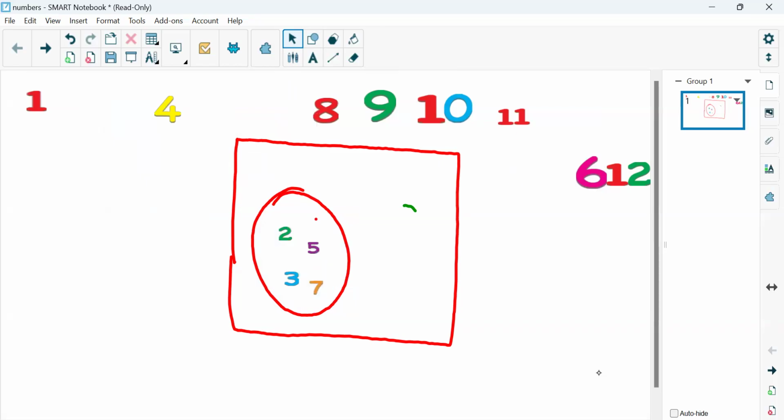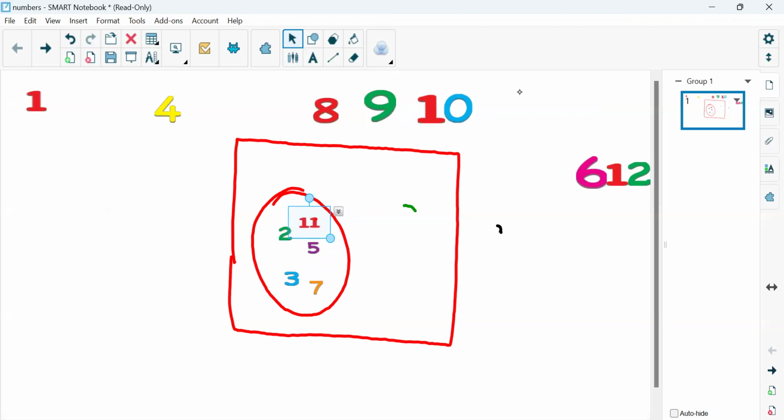And then we also have 11. Okay, these are the people that we have inside here.